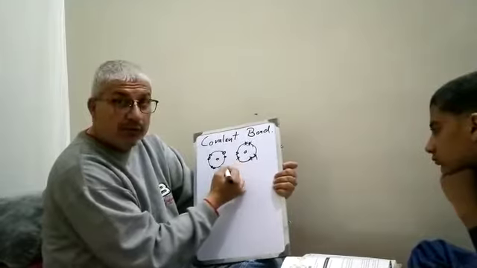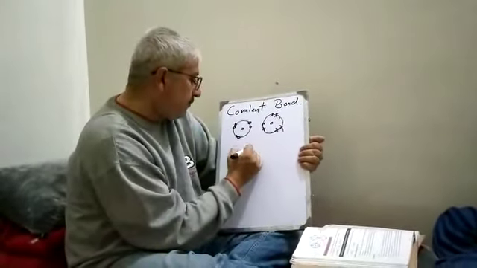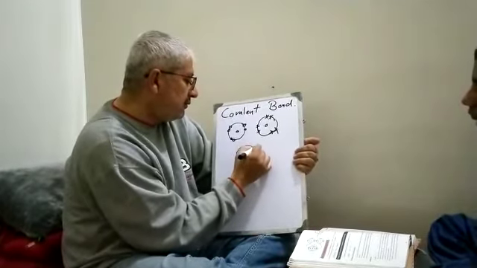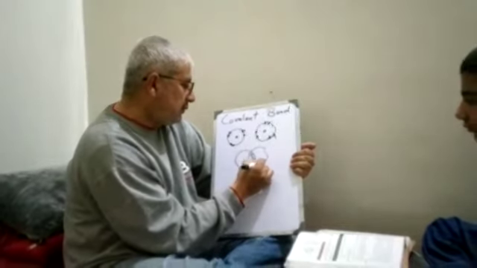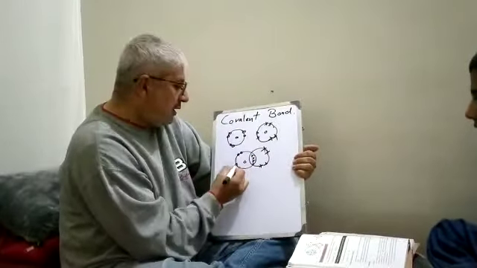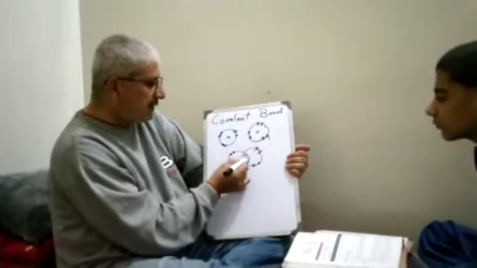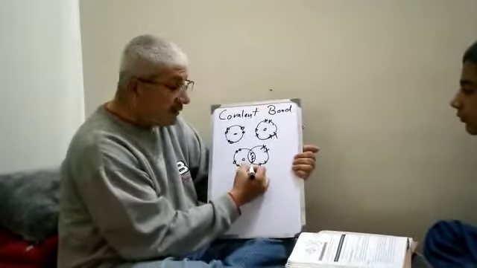Now if these two combine, they will have to share 2 electrons each, like this. Now you can count 1, 2, 3, 4, 5, 6, 7, 8, again completing the 8 electrons. So this will be a double bond.